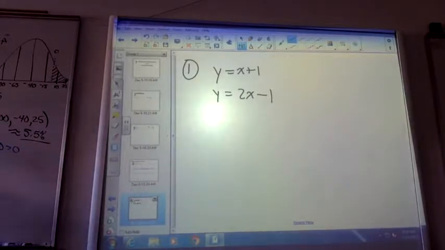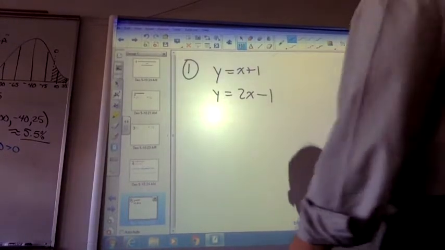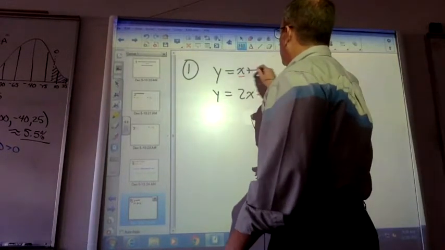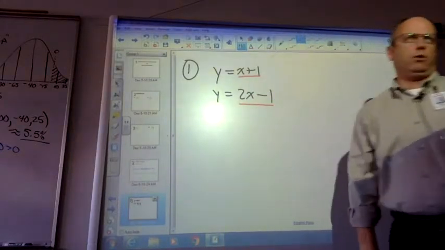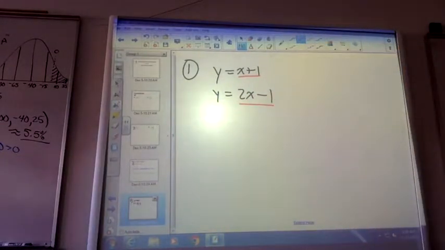But like problem number one, we have y is equal to x plus 1, and y is equal to 2x minus 1. This would probably be a pretty easy problem to graph, but we want to do it by substitution. So I know that y is equal to this, and y is also equal to this. Does that make sense?